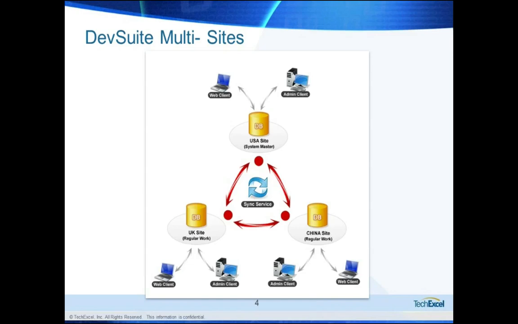By having a database server installed in a different country, in this case the UK side and the China side, your team working from China or from the UK can access the local database and the local document servers. DevSuite multi-site allows you to have local performance for accessing both the data as well as the documents.